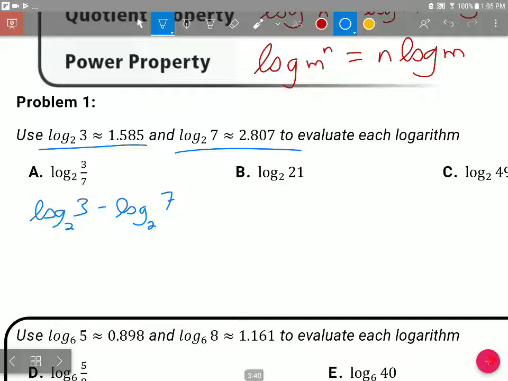No, that's it. Cool. Now, they told us that log base 2 of 3 is 1.585, so I'm just going to sub that out with a 1.585. And they told us that log base 2 of 7 is 2.807, so minus 2.807. And that really is what those logs equal. So pull out a calculator, subtract them. What is 1.585 minus 2.807?